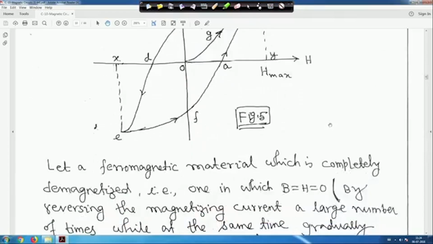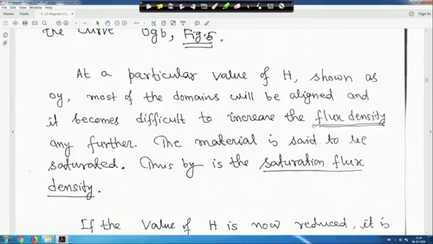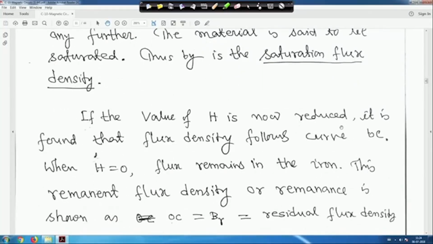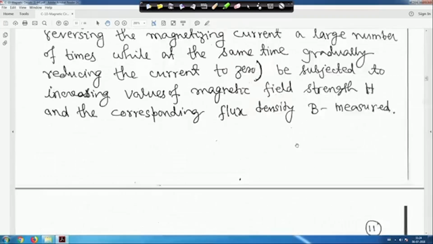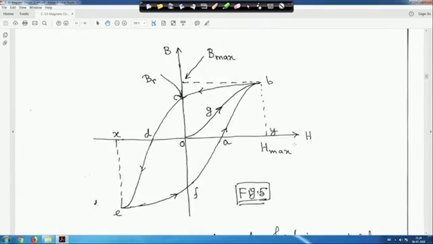So, after that what you will do, now if the value of H is reduced, you try to reduce the current, it is found that flux density follows the curve BC. Suppose I am moving in this direction, reducing the current.